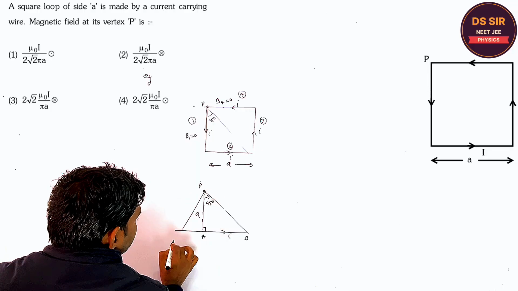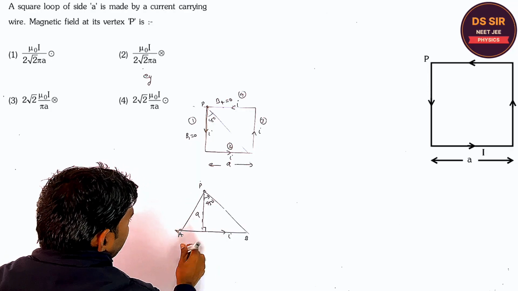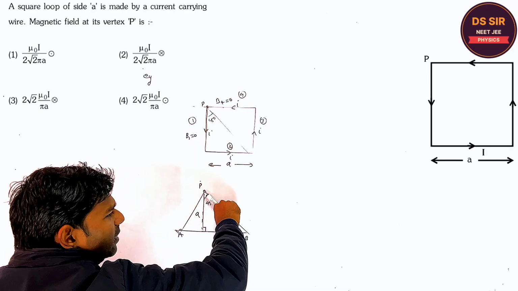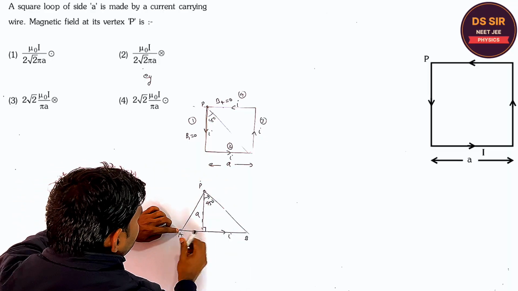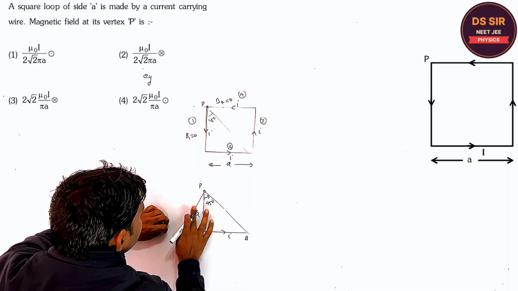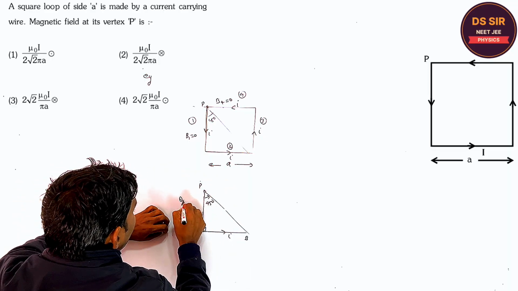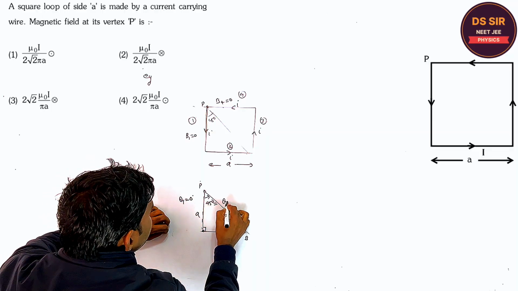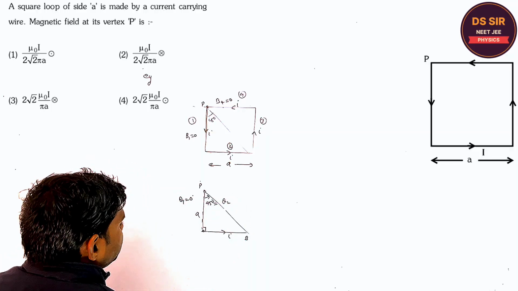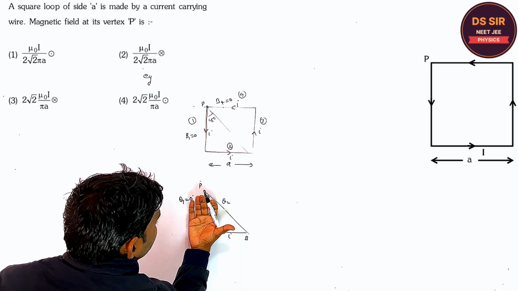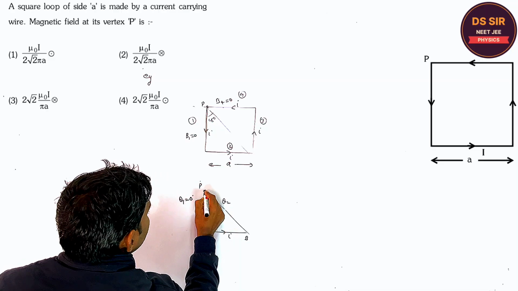If the wire was on this side, the point was A, it would be theta 1 and theta 2. But this point A starts from here, so the theta 1 value is 0, and this is the theta 2 value. Is it clear or not? Yes. So the magnetic field is out of the board.